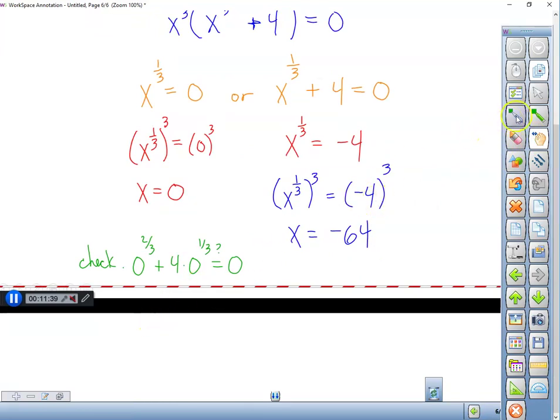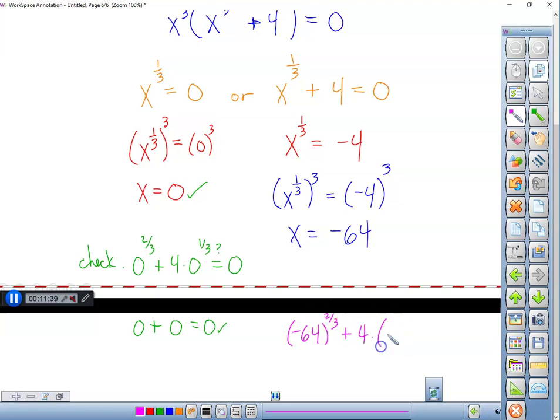And so this becomes 0 plus 4 times 0 would be 0, and 0 plus 0 is 0. So 0 is good. Looking at -64. So now I'm looking at -64 to the 2/3 power plus 4 times -64 to the 1/3 power. Is that equal to 0?